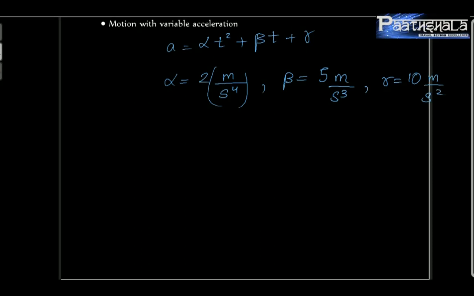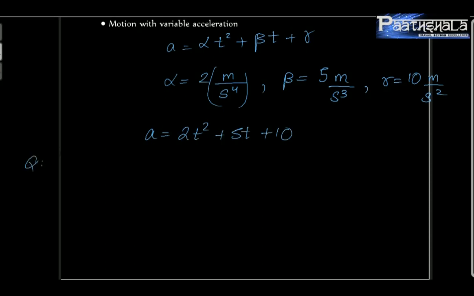Dimensional analysis tells us that all the units on the right and left hand side of any physical equation should match. Alright, so acceleration now, after the units are taken care of, is simply 2t square plus 5t plus 10, right? This is our acceleration.